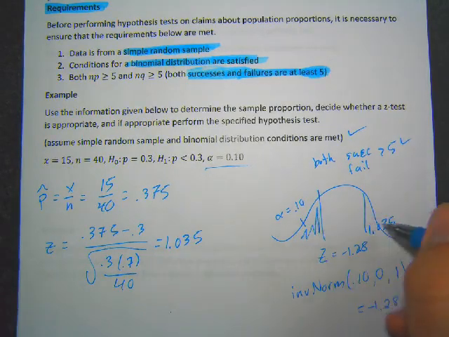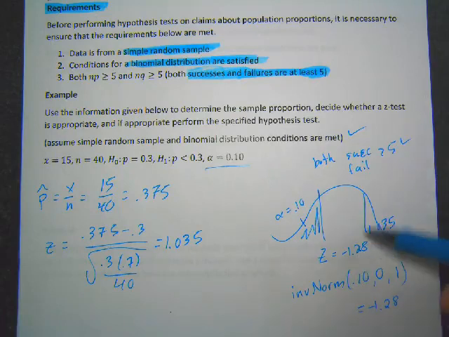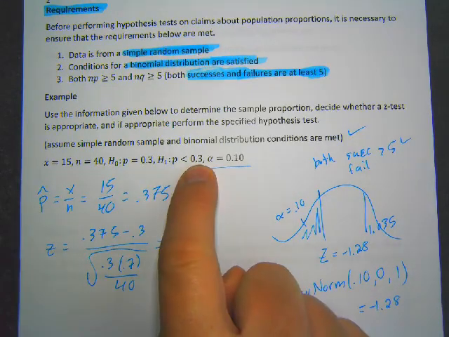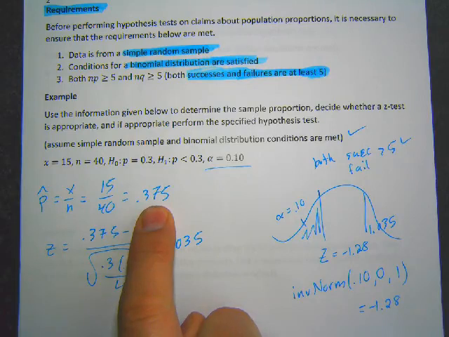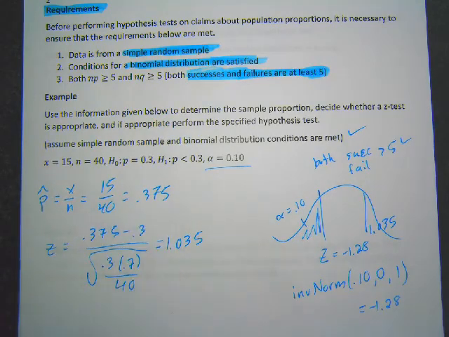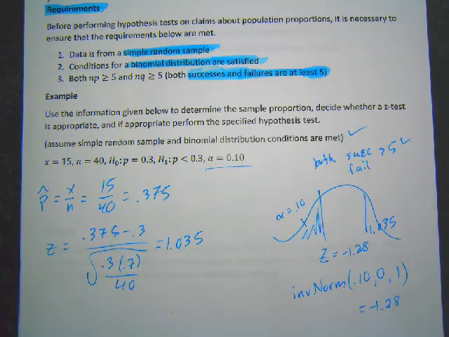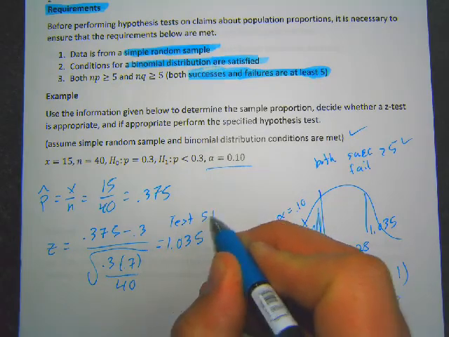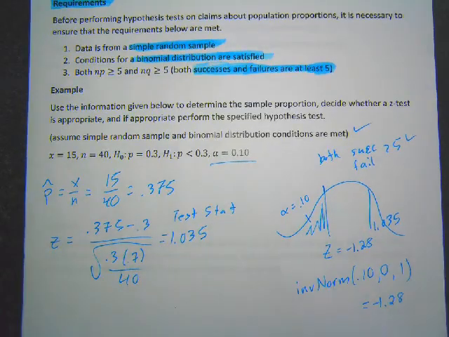It's not in the reject region. It's in the fail to reject region. It's even on the wrong side. It's just way over here, because the percentage we got for our sample doesn't give us any evidence at all. I'm trying to say it's less than 30%, and I get 37.5% for my sample. Well, then I really have no evidence to reject. So in this case, that test statistic is actually bigger, and we wanted it to be less than.